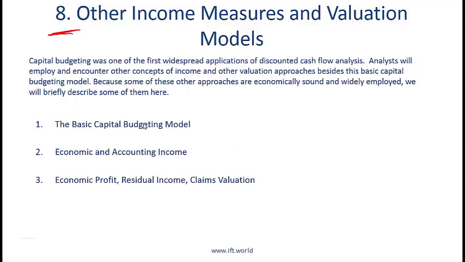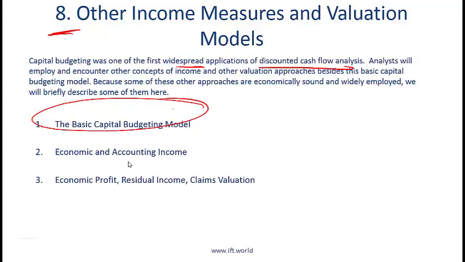The larger point is this, that capital budgeting was one of the first widespread applications of discounted cash flow analysis, and most of this reading has been based on your fundamental or basic capital budgeting model, where you project cash flows and then discount cash flows and effectively use NPV to decide what to do, what not to do. But there are other related methods.